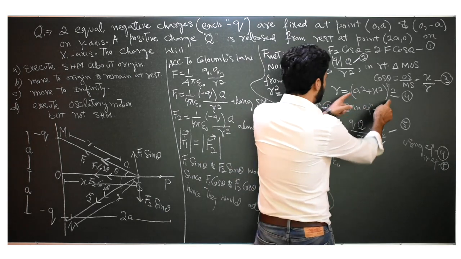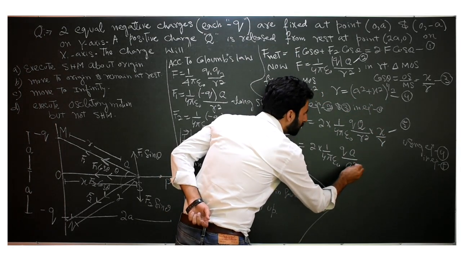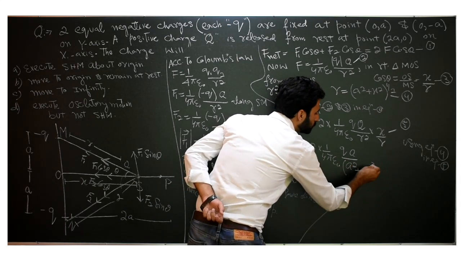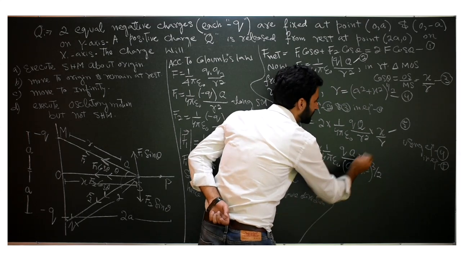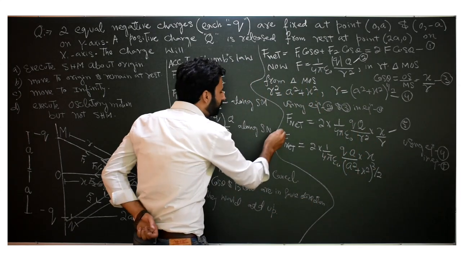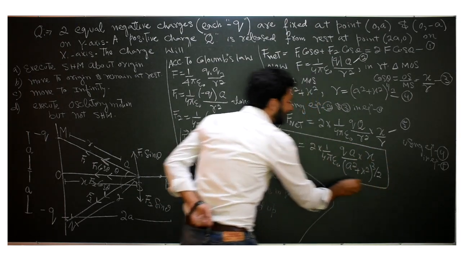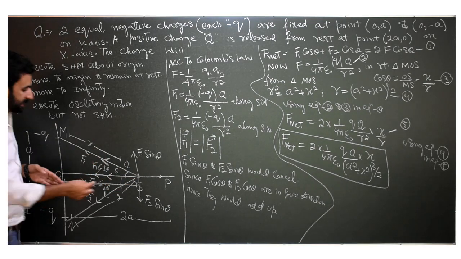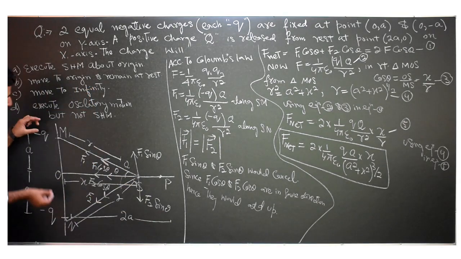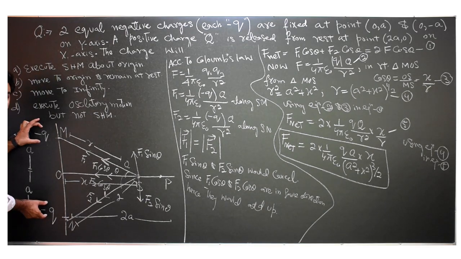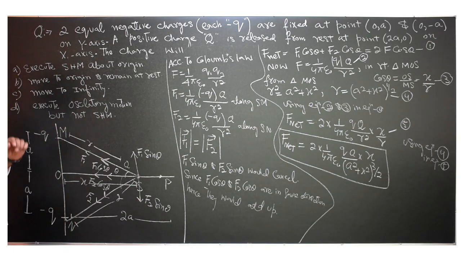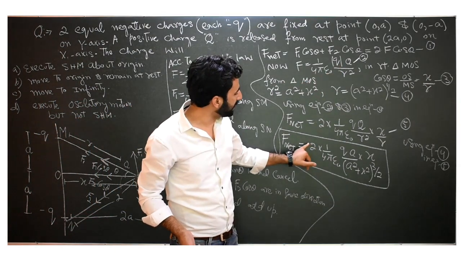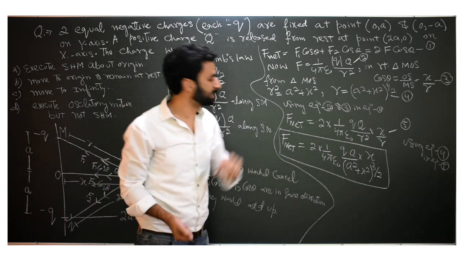But r is equal to this much, so this will be a square plus x square raised to the power of 3 by 2, into x. So this is the final expression we are getting for the net force acting on this charge plus q, which is at a distance 2a from here, by these two charges minus q each, which are placed on the y-axis. If we don't use only the magnitude here, then we will also get a negative sign there, but the magnitude of the force is this much.